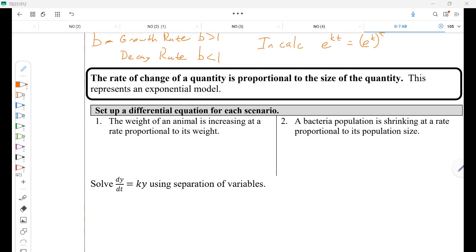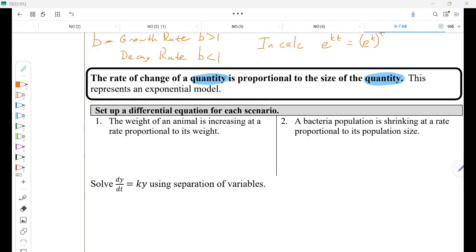The differential equation is the rate of change of something, and the other side of it is just a coefficient times that something. When you see yourself in that situation, you're allowed to jump right to the solution, depending on what the question asks.